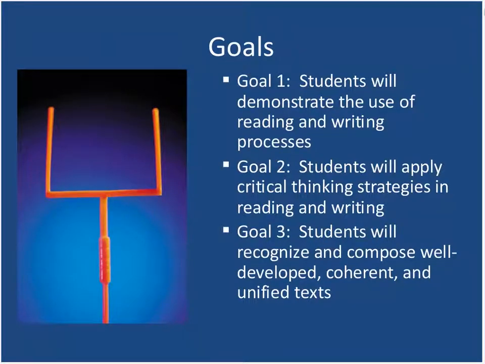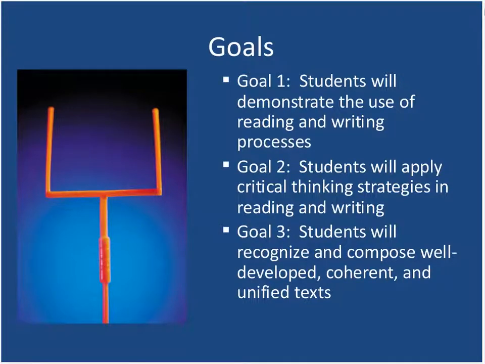Using the goals that were set in the original document as we planned the curriculums, we were emphasizing the processes, having students demonstrate the use of reading and writing processes and how they complement each other.